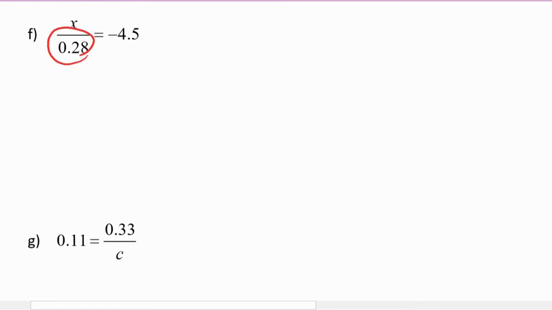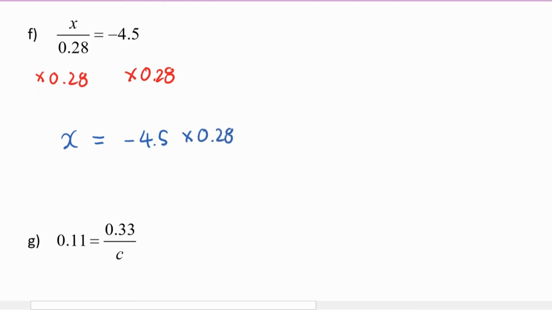To cancel the division, you simply multiply both sides by 0.28. Then x equals negative 4.5 times 0.28. If you have your calculator with you, put this number into your calculator to find the answer. Then you will get negative 1.26.